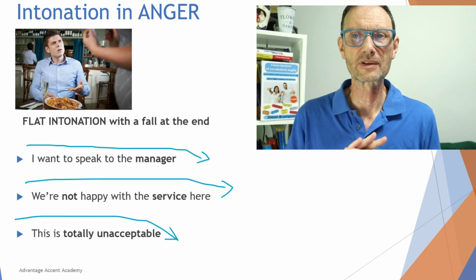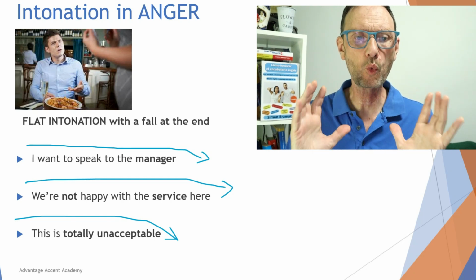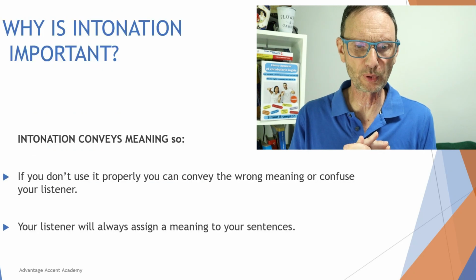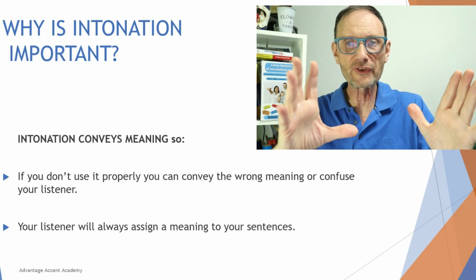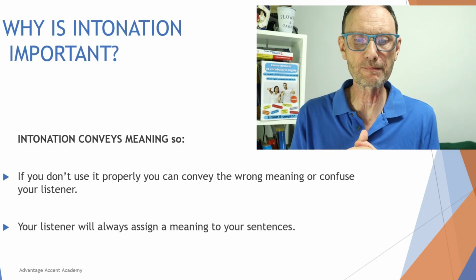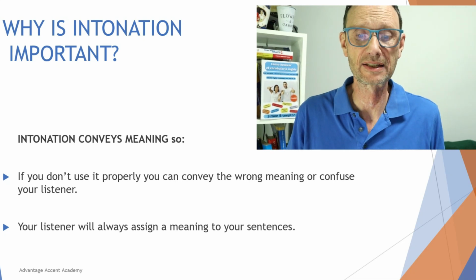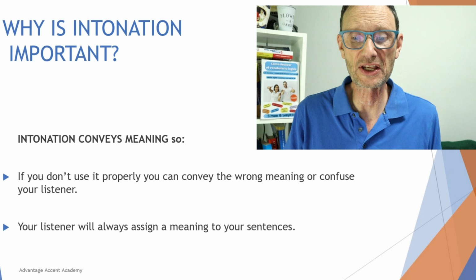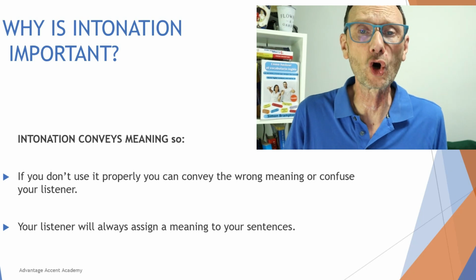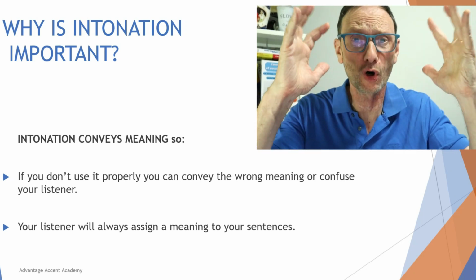So let's see if we can remember why intonation is so important. It's because it communicates meaning. So if you don't use it properly, you might, as I said, express the wrong meaning or confuse the poor listener.